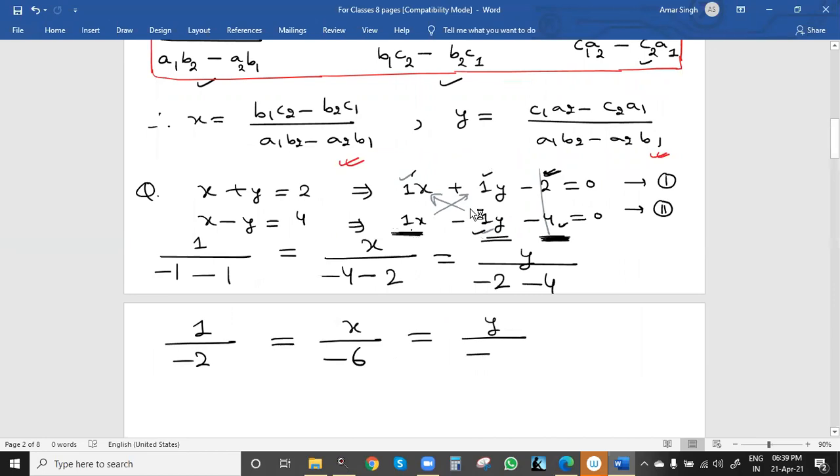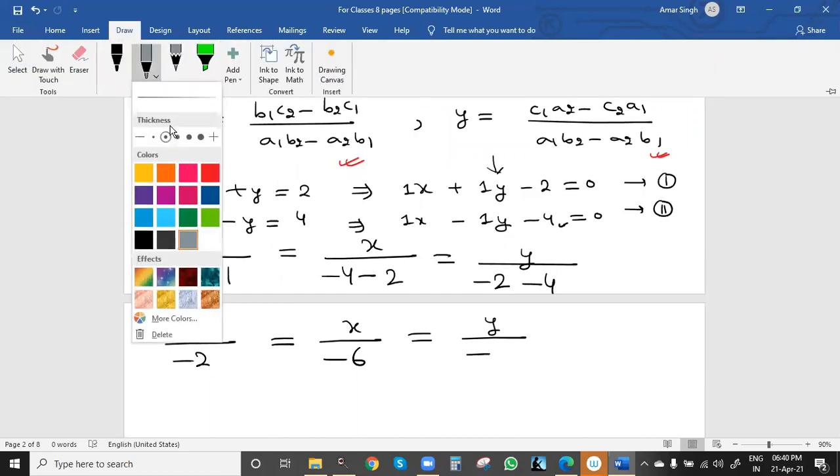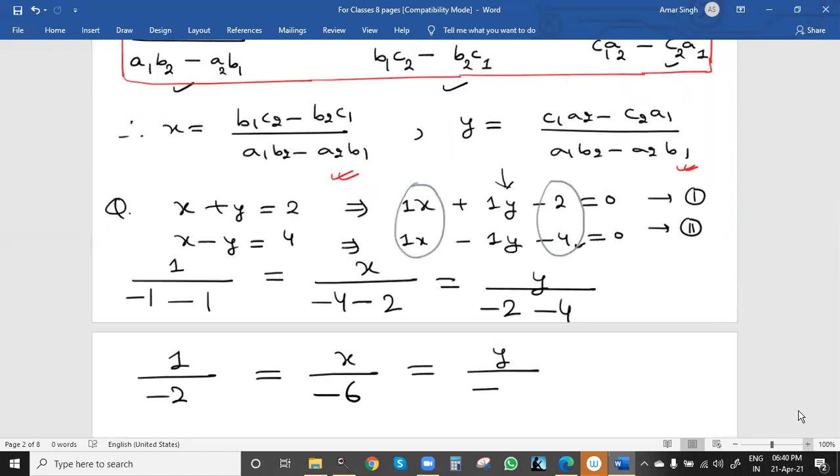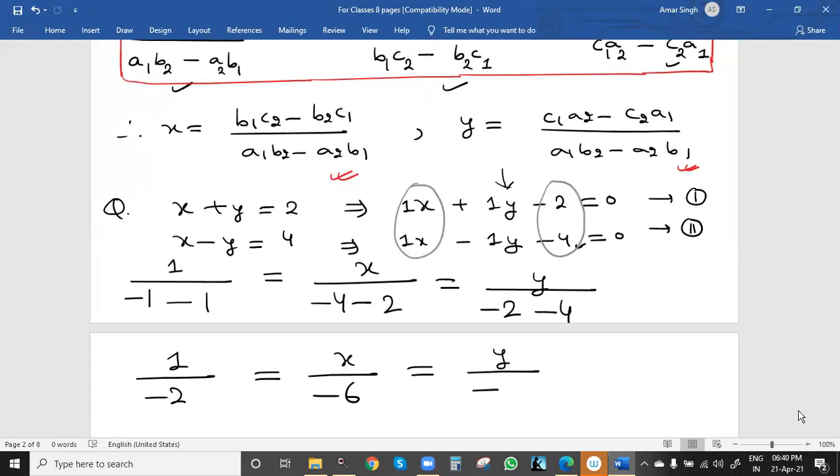See, for calculating the y value, we have said we'll ignore this column and focus on the last two values. So this one and this value, and we can do cross, starting with the right hand side.